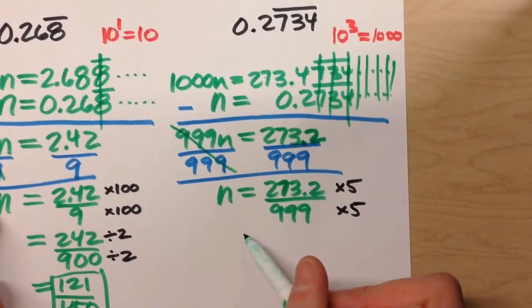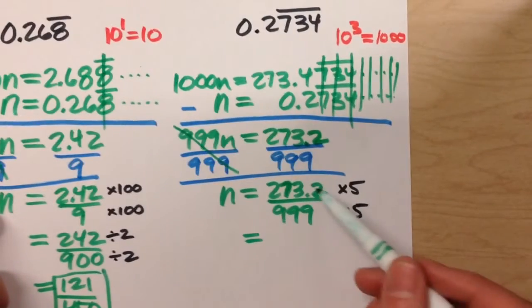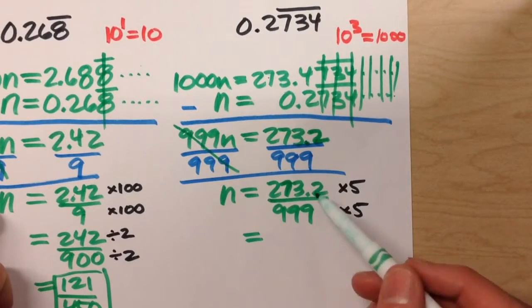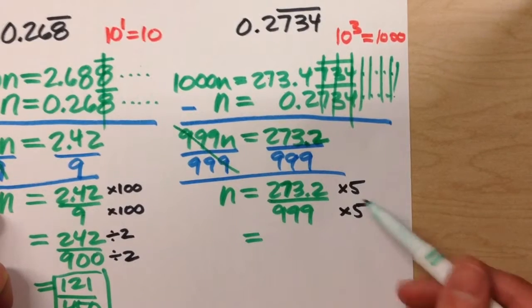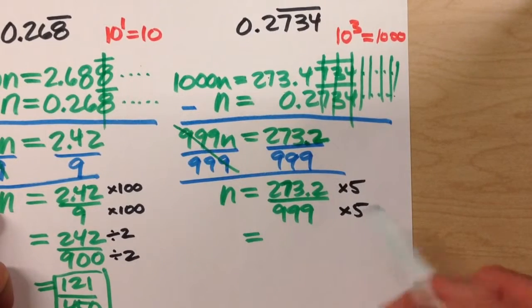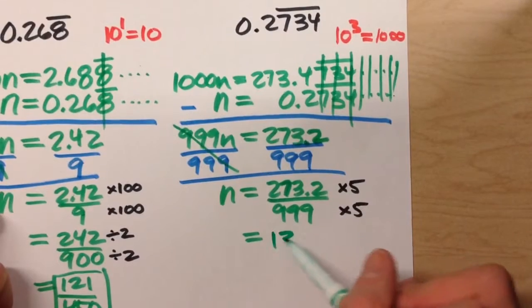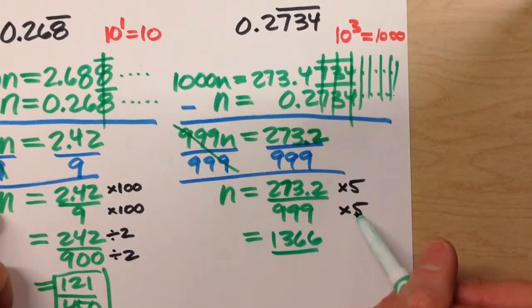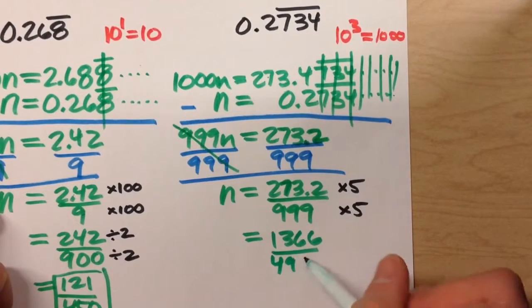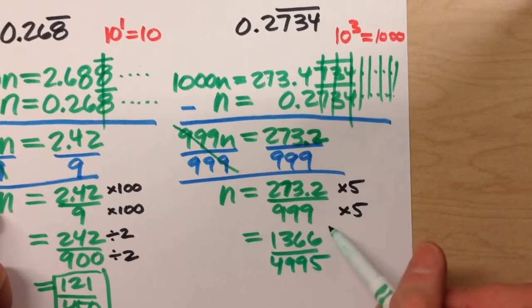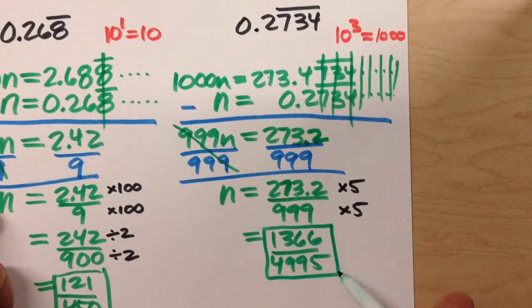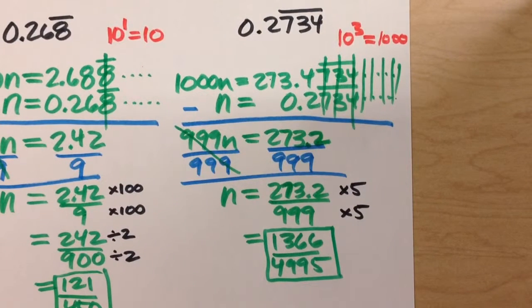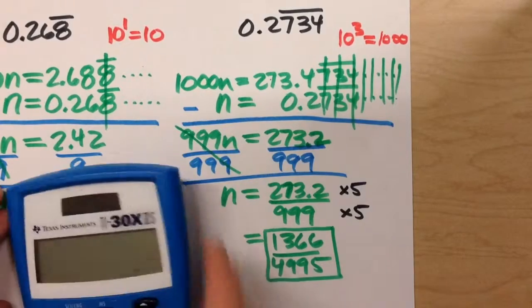And I'm going to save myself some time, because if I multiply by 10 on the top and bottom, I know I'm going to have to reduce later. So I'm going to multiply the top and bottom by 5. And I'm going to get 1,366 for the top. And this times this, 4,995 on the bottom. And this is not reducible, and that is the fraction that equals my repeating decimal.